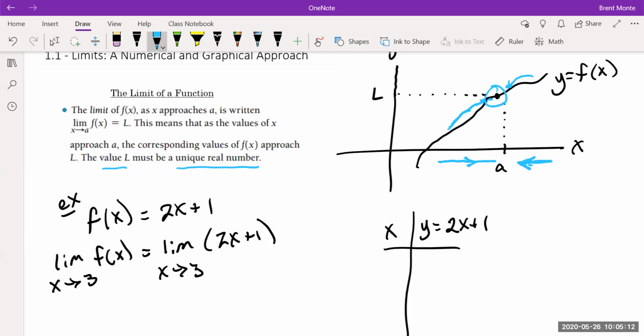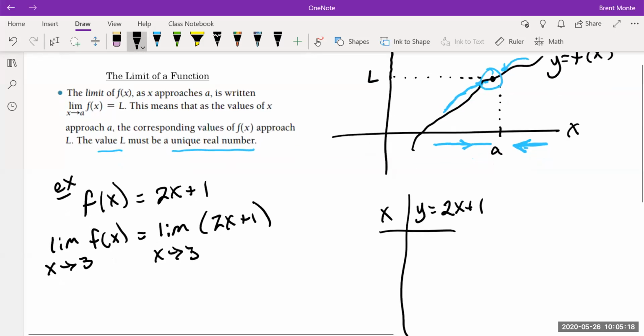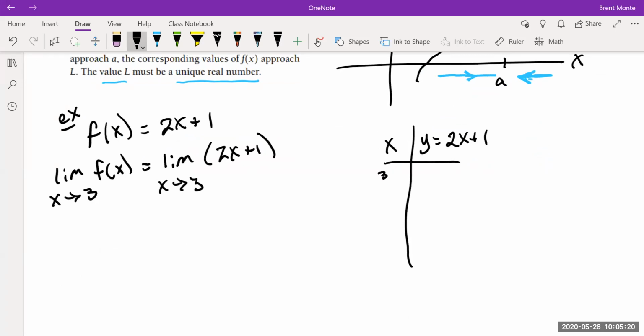So let's plug in some x value really close to 3. Let's start with, say, 3.1. At 3.1, all I'm doing is plugging that in for x. So 2 times 3.1 plus 1. Well, 6.2 plus 1 is 7.2. But now let's get even closer than that.